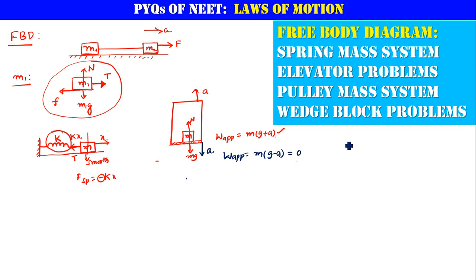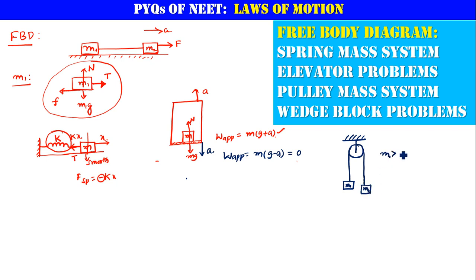Pulley mass system: generally if you consider a pulley like this, in most cases we'll be discussing a pulley that is frictionless and weightless. Let us say there is a mass m1 here and another mass m2. M2 is more than m1, for example.